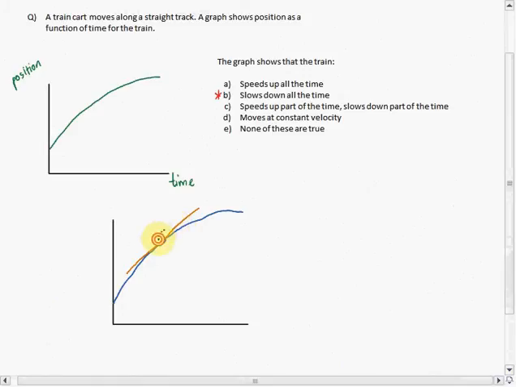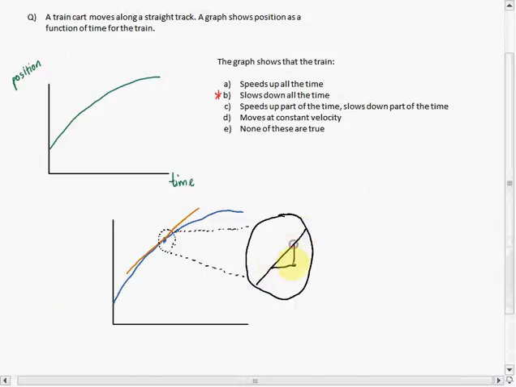So if I had to zoom in on this section over here, like really magnify it a lot, what you would ultimately find is that even though it's a curved graph, by zooming in enough, even a curved graph becomes a straight line. And we already know how to find the slope of a straight line, right?